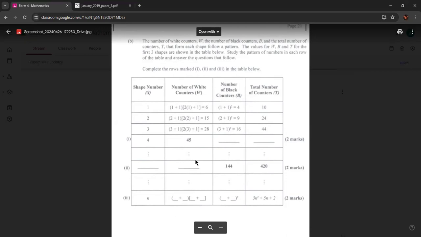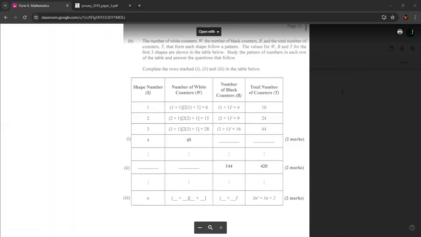It says to study the pattern of numbers in each row and answer the questions that follow. Anytime we are given a question like this, we could take it column by column with your figure number.